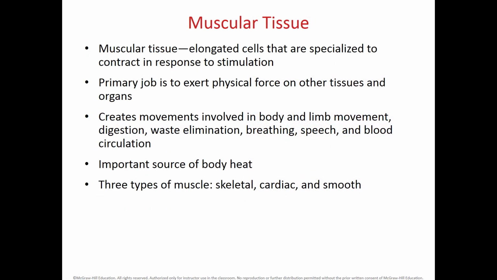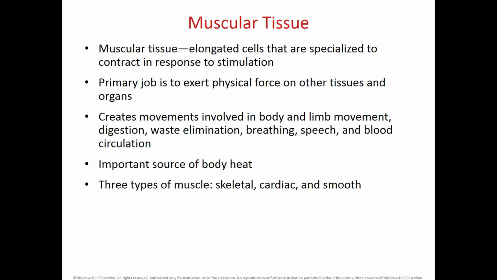Okay, the next tissue type, muscular tissue. Muscular tissue consists of elongated cells that are specialized to contract in response to a stimulus. When they contract, they exert a physical force on other tissues and organs, and this helps to create movements that allow us to manipulate the environment when you move your limbs.